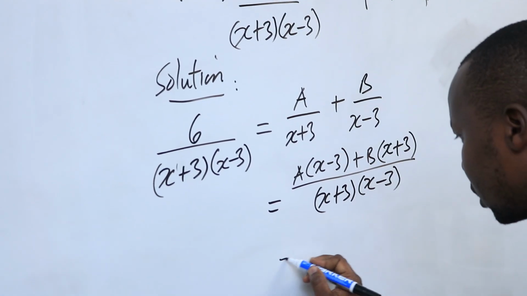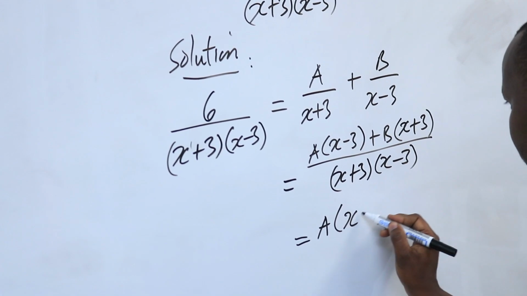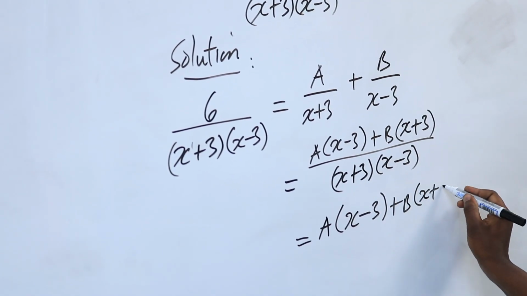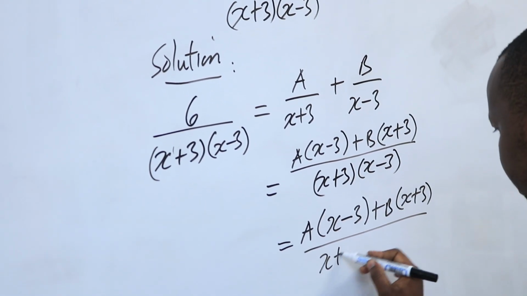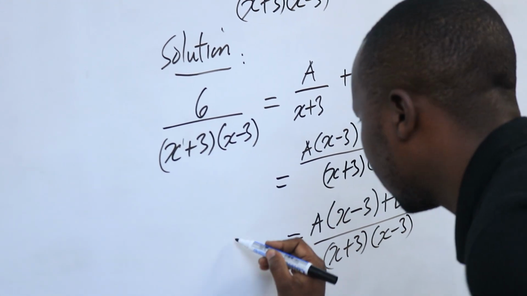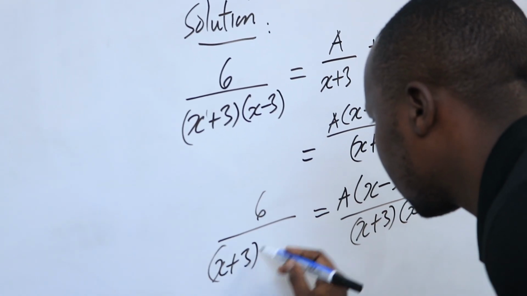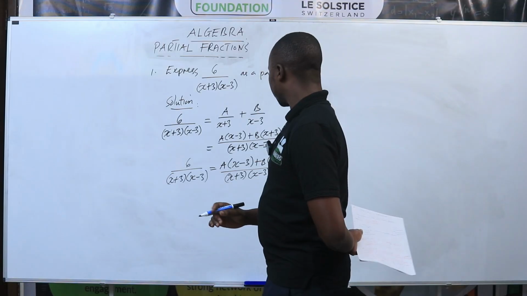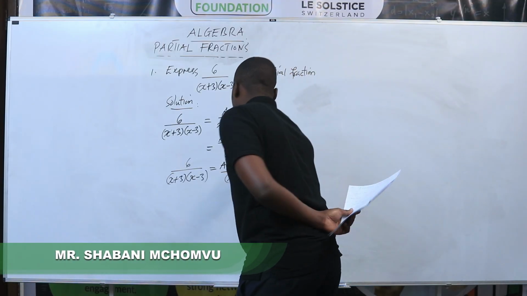After that, we are going to write the expression that we have: 6 over (x plus 3)(x minus 3) on the left, and on the right-hand side we have something like that. Now we equate. The only issue here is just equating.